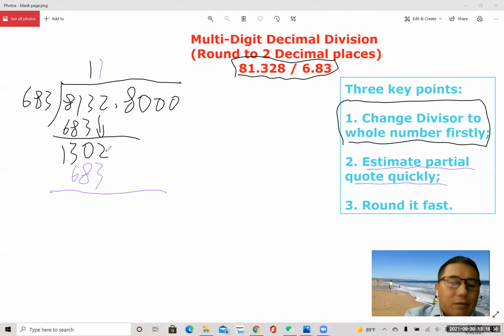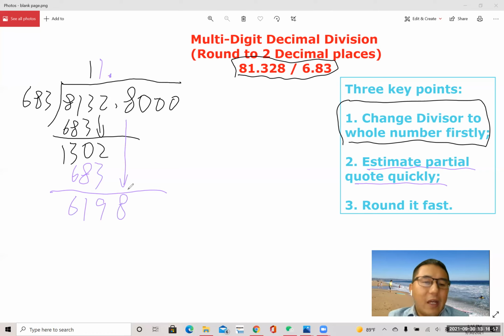So do the subtraction here. 9, 1. 3 goes to 2, so 12 minus 6 here is 6. Then the decimal point here, and the 8 goes down.